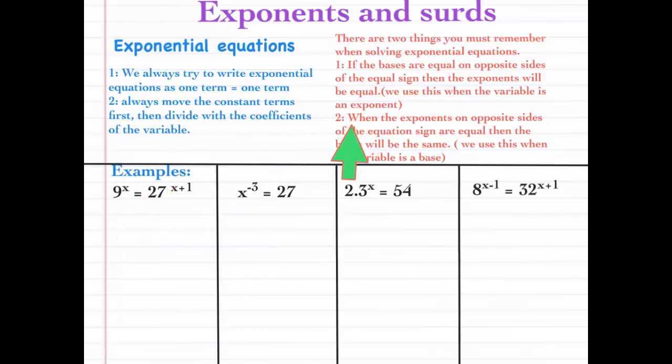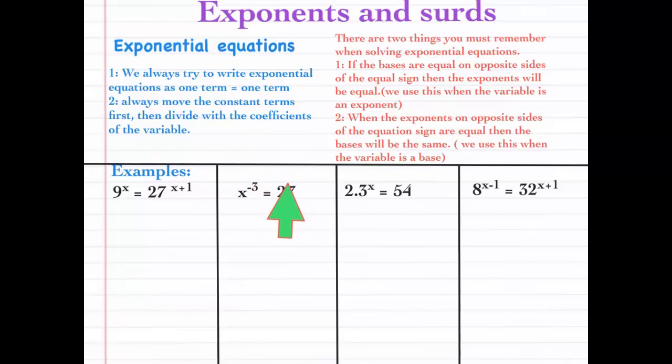Great. And the second rule here is when the exponents on opposite sides of the equation sign are equal, then the bases will be the same. So if we have, for example, a variable base, like here where x is the base, what we're trying to do is rewrite this 27 so that it has an exponent.